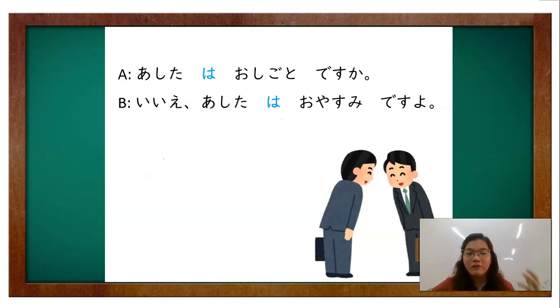Okay, so you're giving emphasis na kung magtatrabaho bukas, oyasumi naman, or rest day naman. So, hindi, 明日はお休みですよ。Rest day naman bukas, di ba? Parang ganun siya. You're giving emphasis to your statement or to your answer to your listener.